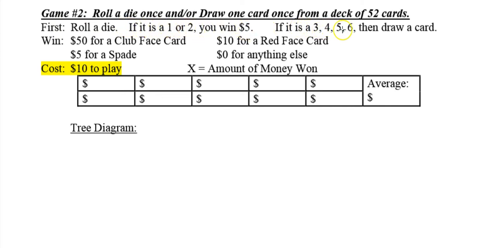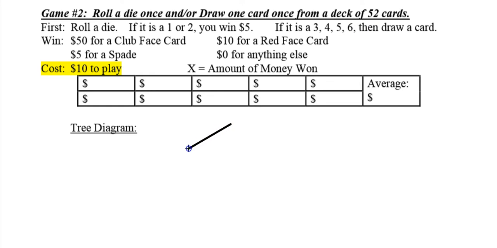If it's a 3, 4, 5, 6, then you're going to draw a card. So the first round is rolling a die. Now, because there's 6 outcomes on the die, it doesn't mean that you have to draw 6 lines. What it means is we really only have 2 outcomes, winning $5 or moving on to drawing the cards.